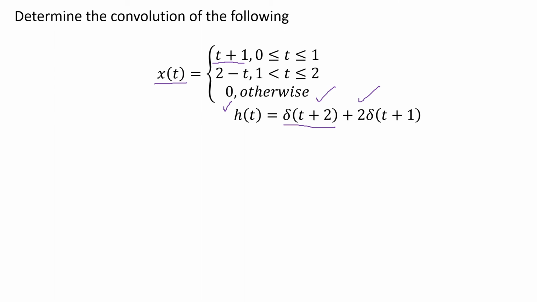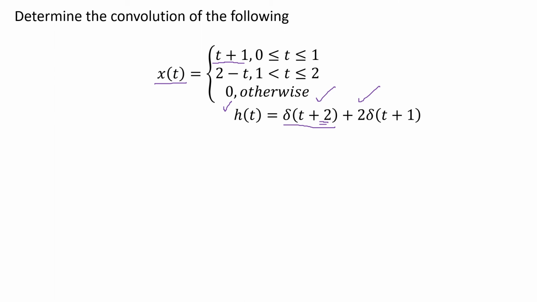You can see that it is shifted 2 units to the left, because if you compare it with the standard equations, you know that here t naught is basically -2, so -2 indicates a shift to the left side.